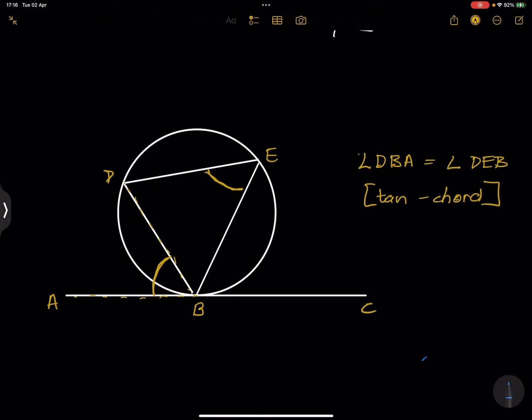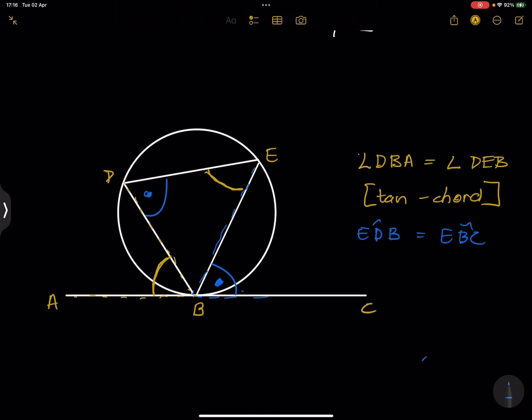So in the same token, this angle over here, there's our tangent, that's our chord, which means it would be equal to the angle on the opposite side of that chord. So there it is once again. So I can say that EDB is equal to EBC.